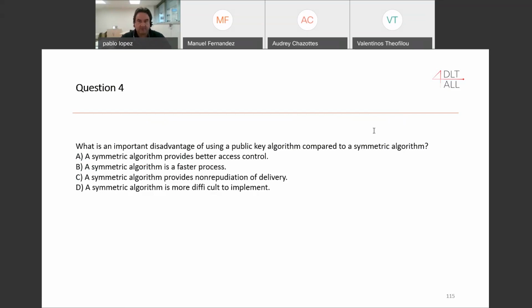Let me put the number of the question so as not to mix them. What is an important disadvantage of using a public key algorithm, also known as an asymmetric algorithm, compared to the symmetric algorithm?